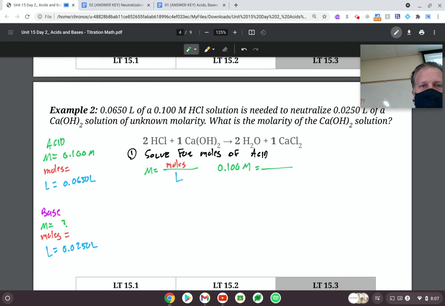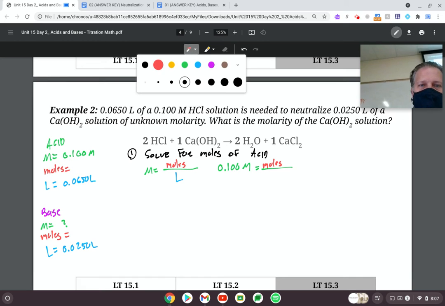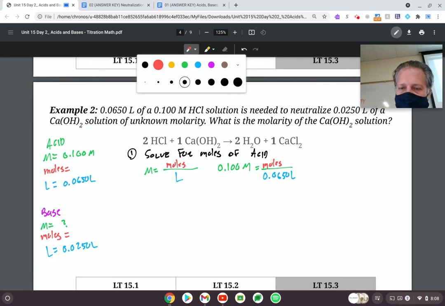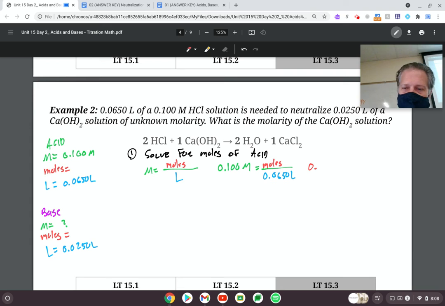And we're solving for moles. And the volume is 0.0650 liters. And so when we calculate that out, it's 0.1 times 0.0650. And we get a number of moles of something like 0.00650 moles of HCl.